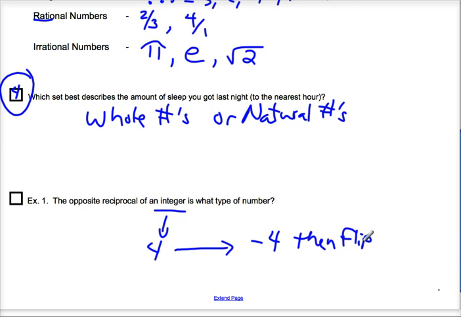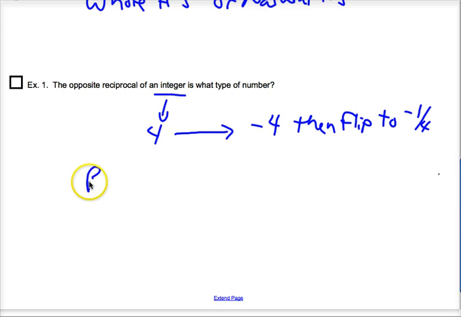So then it flips to -1/4. Okay, so what kind of number is -1/4? Well, it's obviously a fraction, it's negative. What numbers are fractions? Rational numbers. That looks like that would be a rational number, so that would be my answer here. Rational numbers.